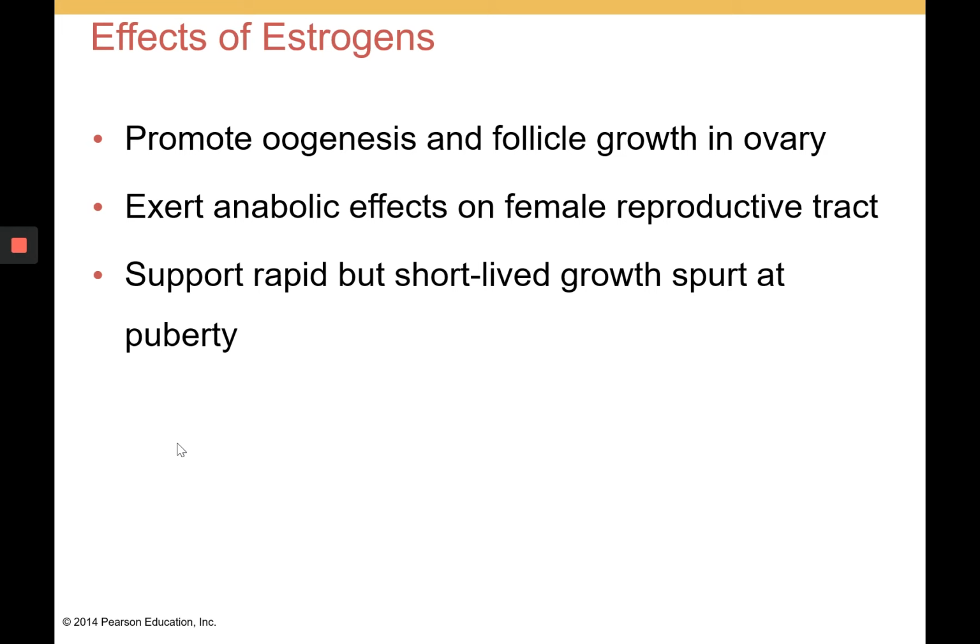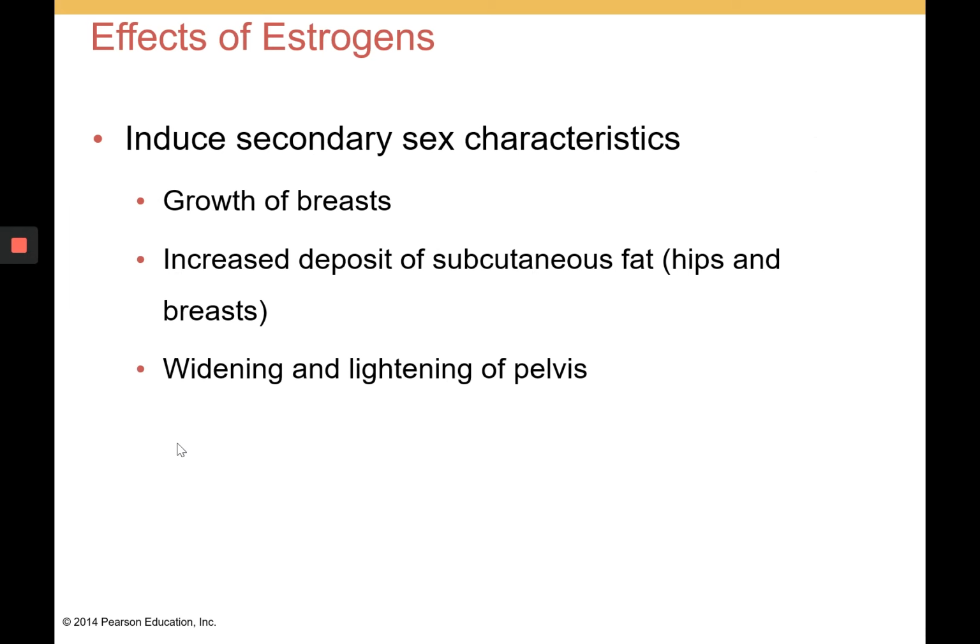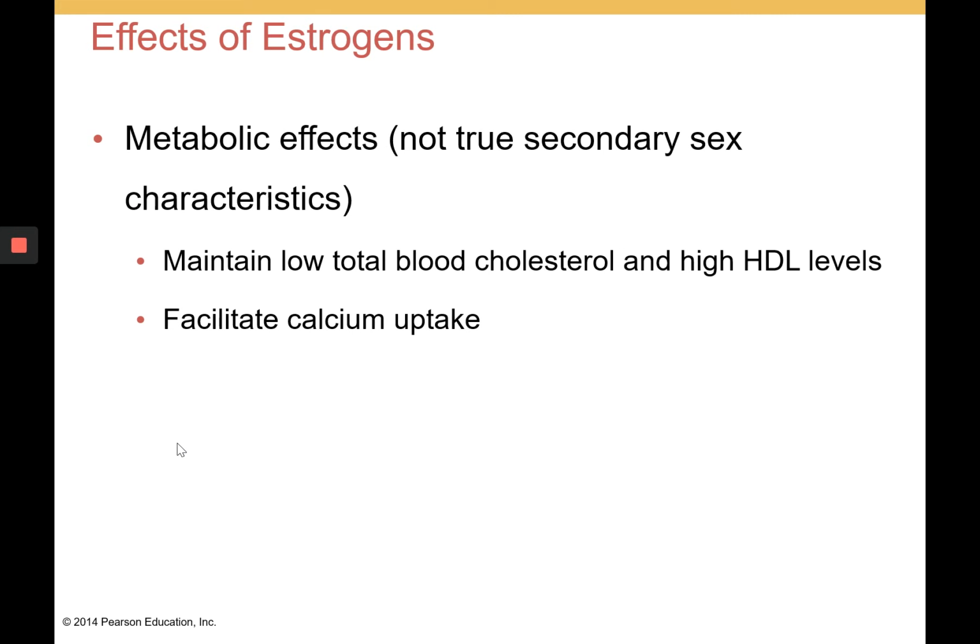But they're also able to exert anabolic effects on the female reproductive tract and also support the rapid but short-lived growth spurt at puberty. We also know that they induce secondary sex characteristics, estrogens do. So the growth of breasts, the increased deposit of subcutaneous fat on the hips and in the breasts, and the widening and lightening of the pelvis, those are anabolic effects of estrogens, but also secondary sex characteristics associated with females.